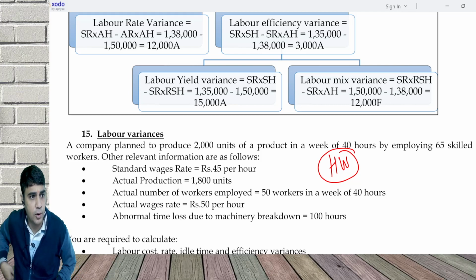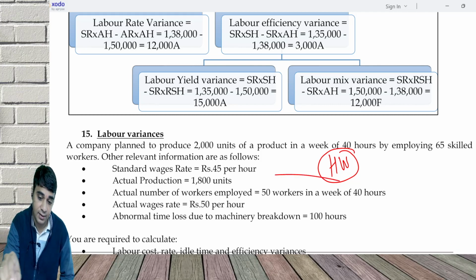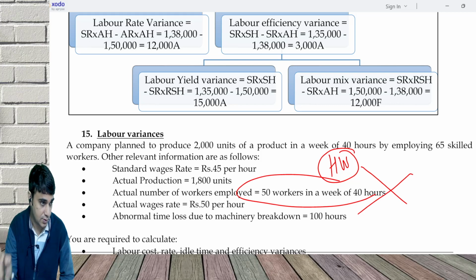How many units equal to how many hours? 2000 units is equal to, where is that 2000 coming from? Again, this is reality. This is of no use.